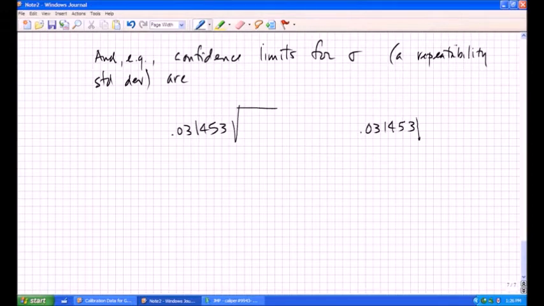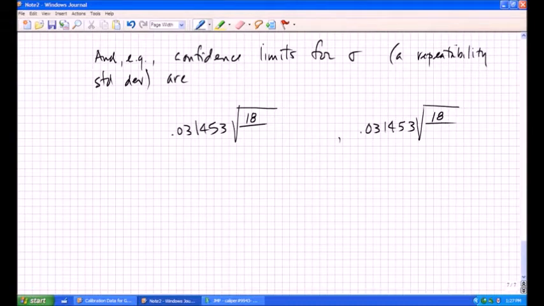I'll hedge it by the square root of degrees of freedom over a chi-square value. Degrees of freedom, well, there were 20 data points involved, 20 data pairs, and that means that the number of data points minus 2 is going to be 18. So I'm going to put 18 both places.